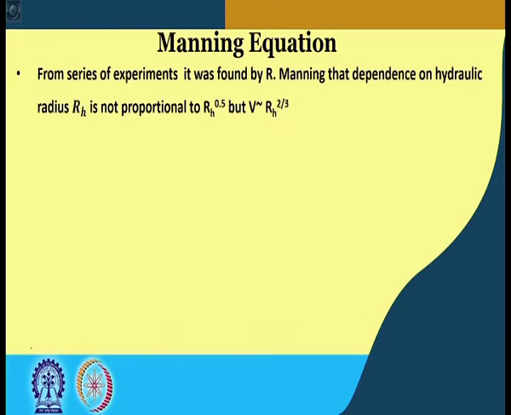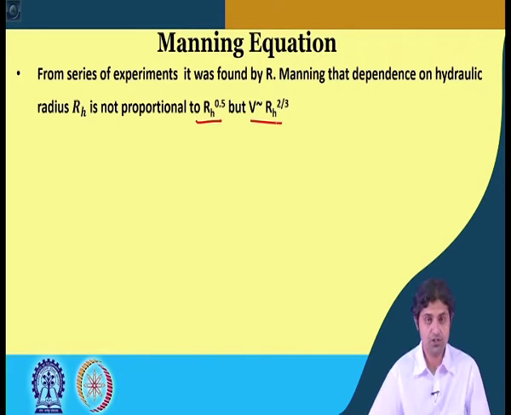However, through a series of experiments, a scientist called Manning found out that the dependence of the velocity on the hydraulic radius is not to the power 0.5, but V was proportional to RH to the power 2 by 3.